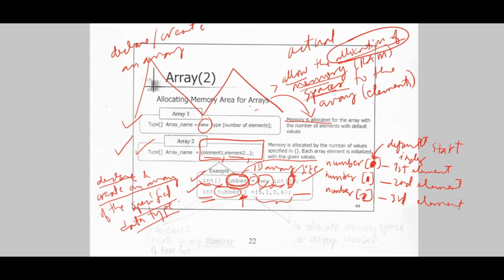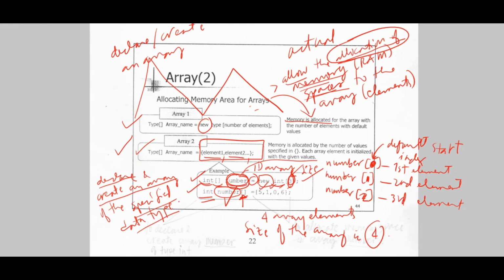The compiler will know that there are 1, 2, 3, 4 elements, that the size of the array number is 4, by counting how many initial values there are in the initialization list. We call this the initializer, the list of initial values.